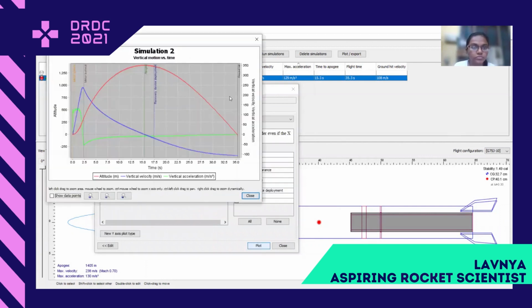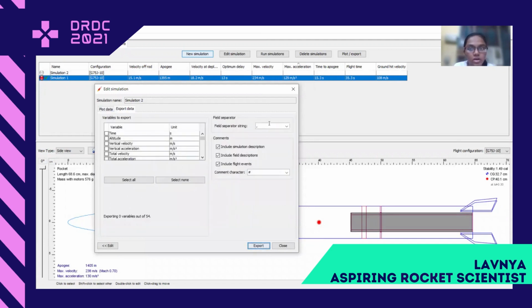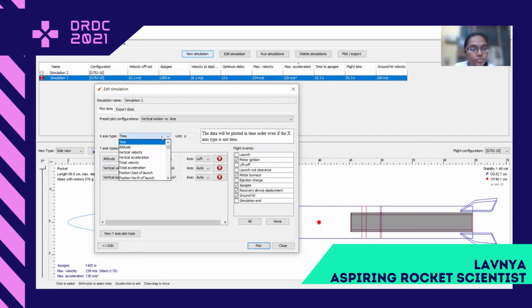We can have a look at the vertical motion versus time graph, and I can also go for the stability versus time graph. Okay, I think I can just submit the graphs over there.